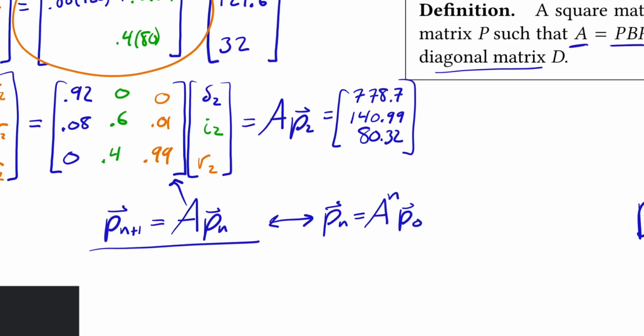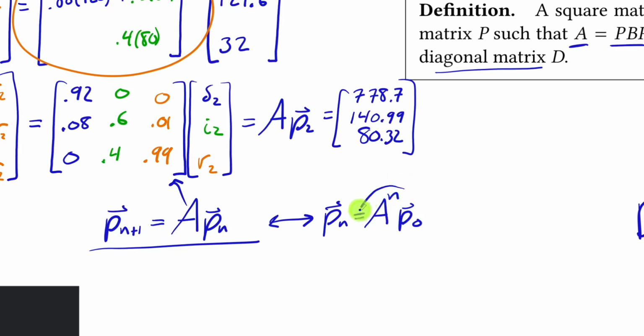And how that is equivalent to saying the nth vector in the sequence is just A to the power n, because you're basically multiplying by A n times, but starting with the first vector, p0 in this case.